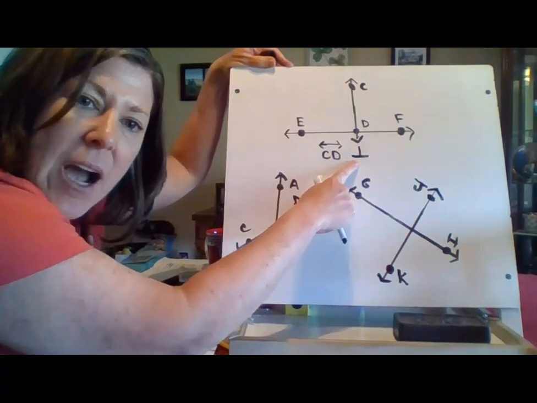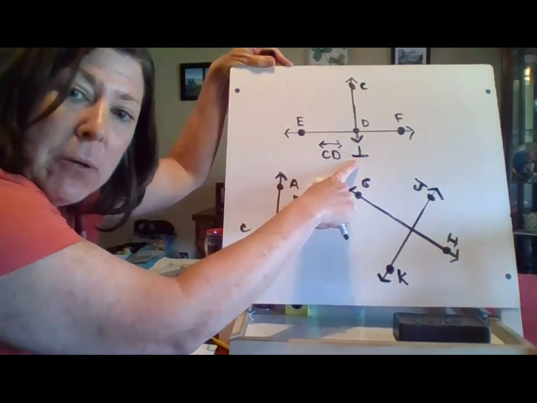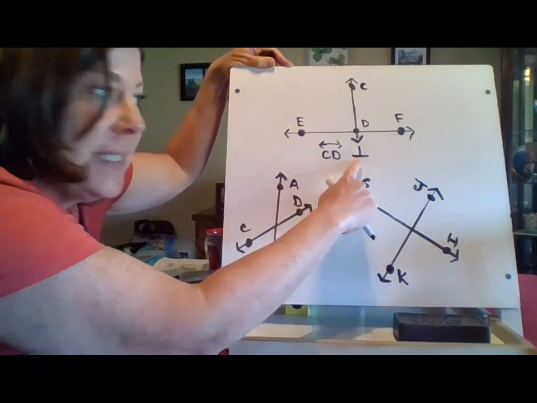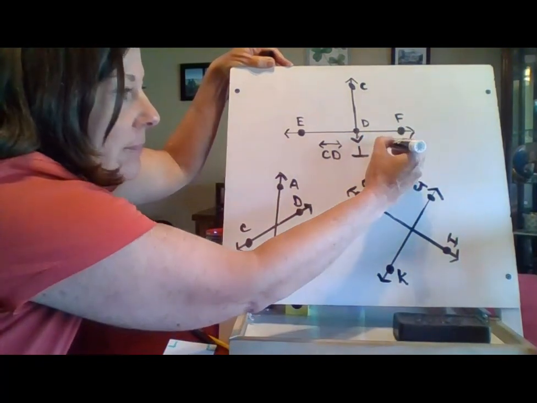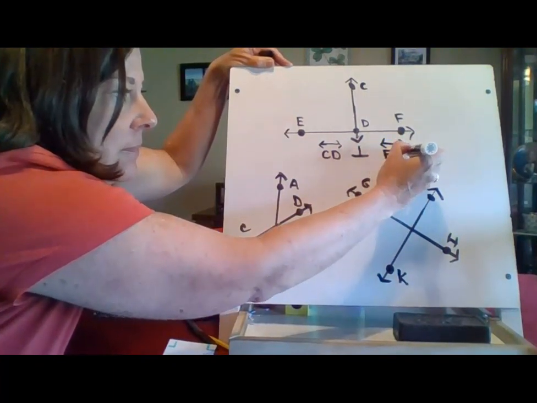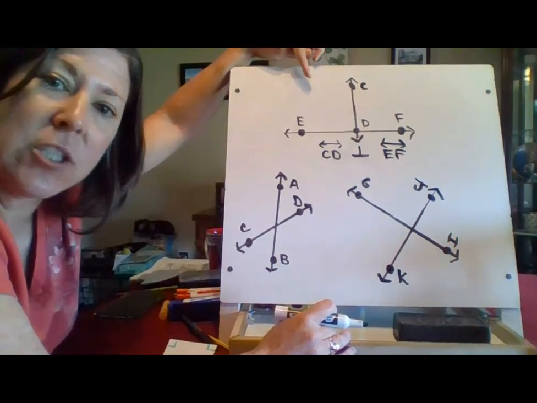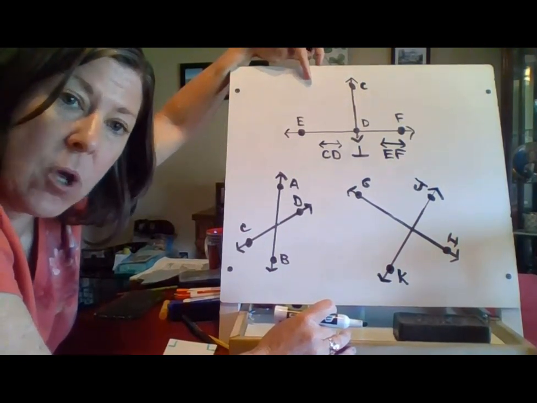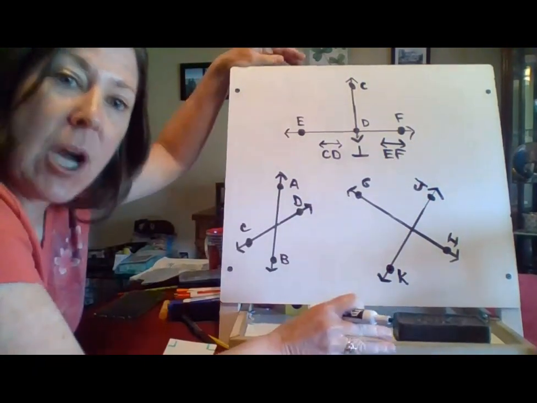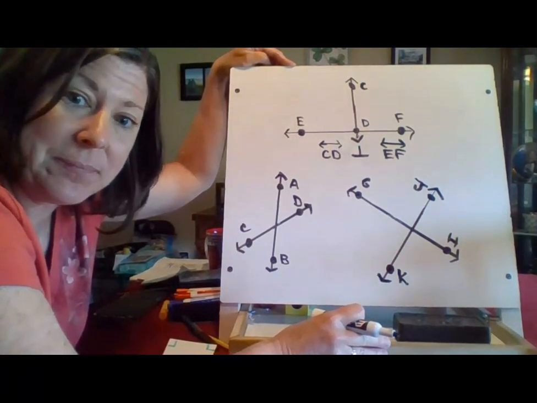You're basically using an upside down T. That's the symbol for is perpendicular to. So line CD is perpendicular to line EF. And just a throwback to Monday, why are these called lines? Because they can keep going and going in either direction.